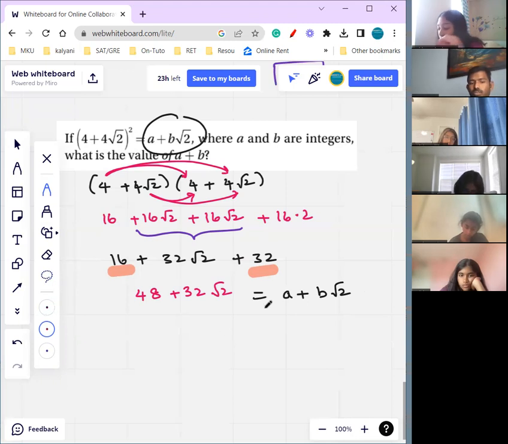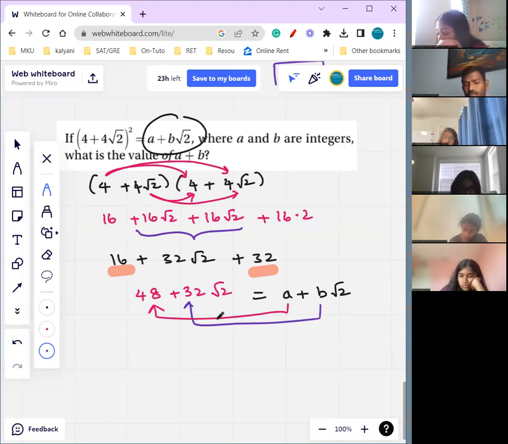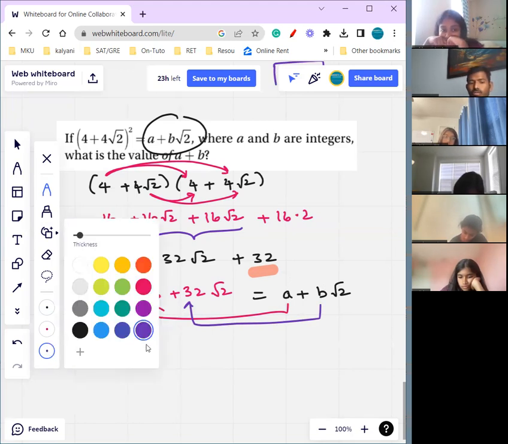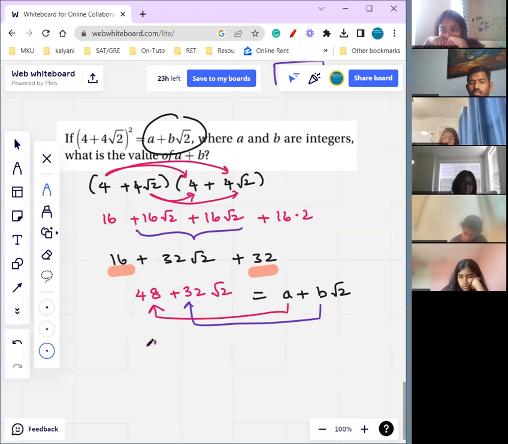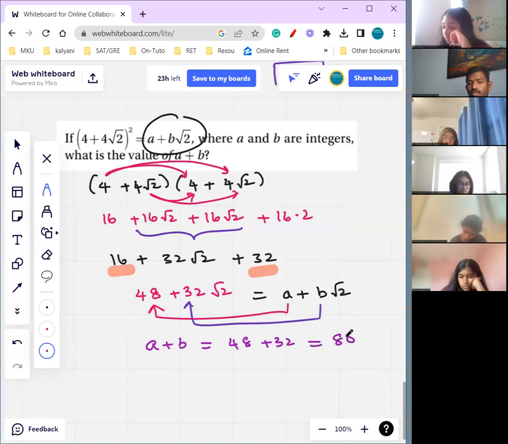If I compare these two, the a value is 48 and the b value is 32. Agree? I'm going to ignore the radical at this time because I'm looking at only a and b. Don't get confused about what happened to the radical 2, because I'm just comparing the a and b values. So a is 48 and b is 32. But my question is asking me to solve a plus b. So a plus b is 48 plus 32, which is 80.